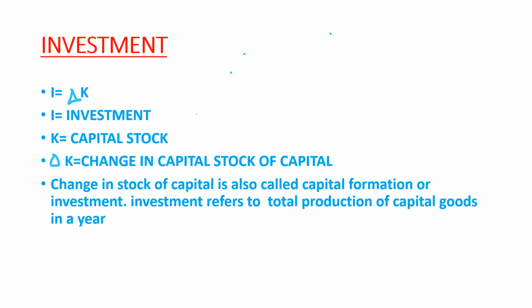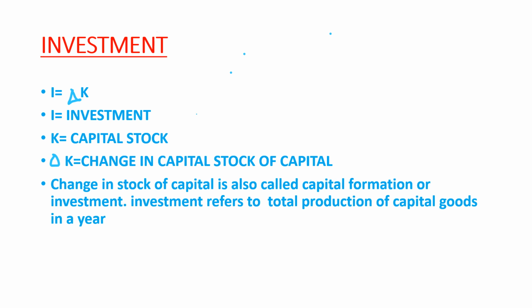So during an year, how much capital stock has increased is called investment. For example, initially at the beginning of year, producer had 10 machines. At the end of year, he has 15 machines. Capital formation is 5. So, change in stock of capital is called capital formation or investment.